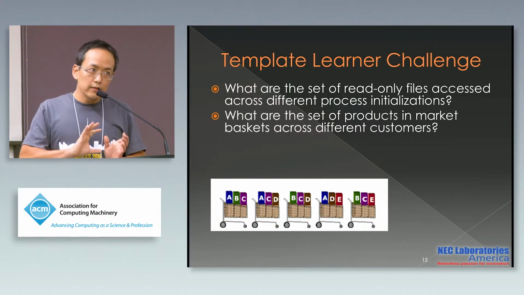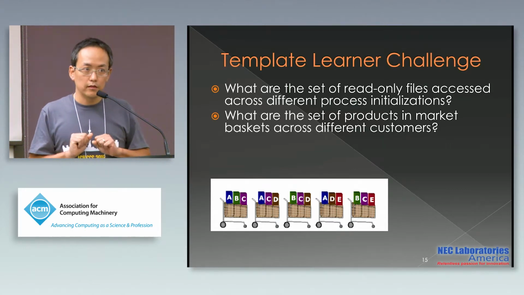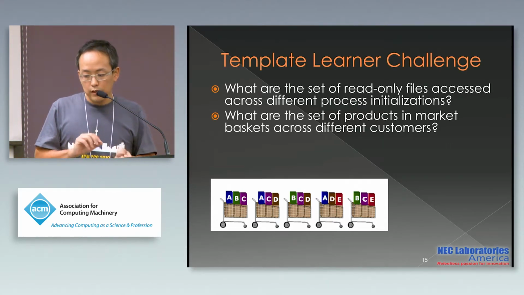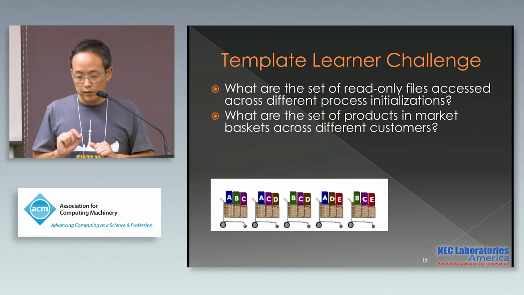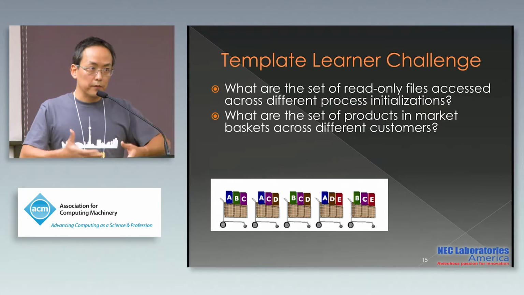We can see this as a different problem. We can transform this into a very well-known problem, the market basket problem. We can see it as the set of products that different customers put in their basket.